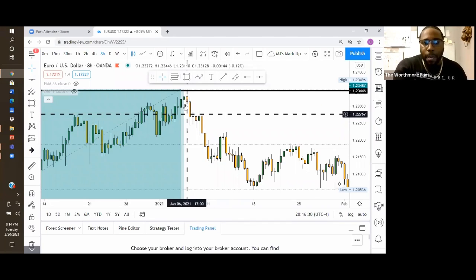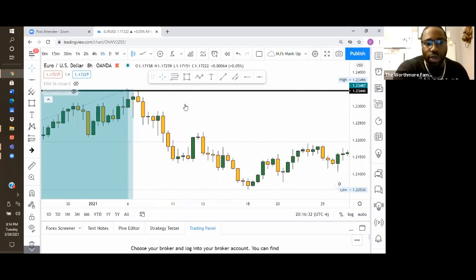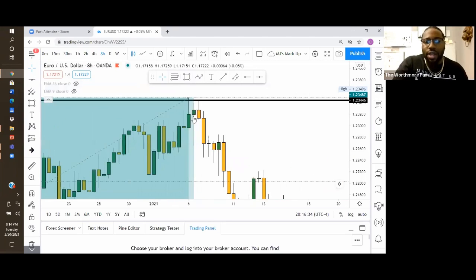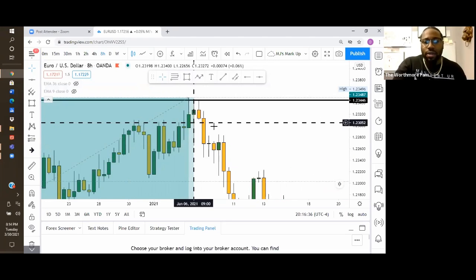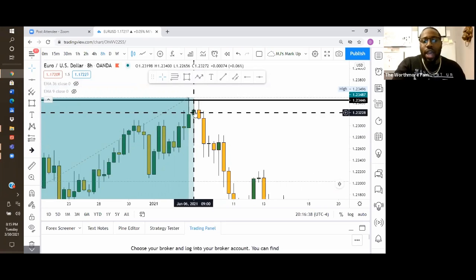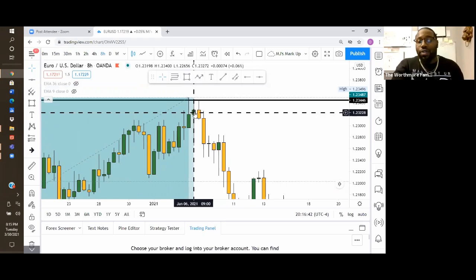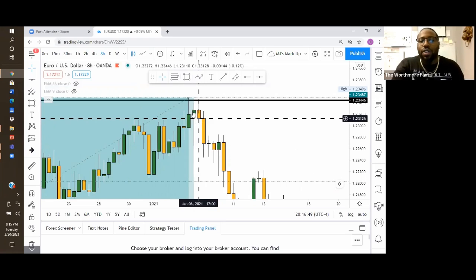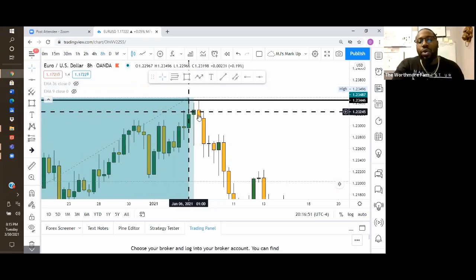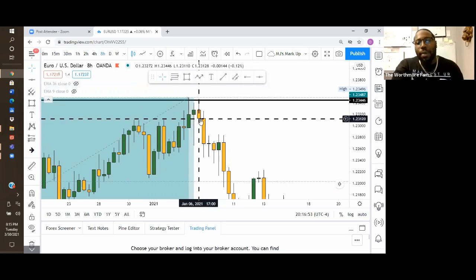So here you go. This candle right here, I'm going to zoom in for you. This is called a hanging man. It's another doji, hanging man. A hanging man at resistance lets you know, hey, the reversal's probably coming. Then you got this candle right here. This is actually in regards to the body of the candle. Some people could call this a bearish engulfing.